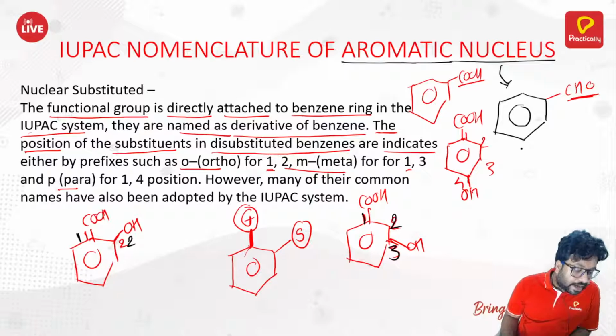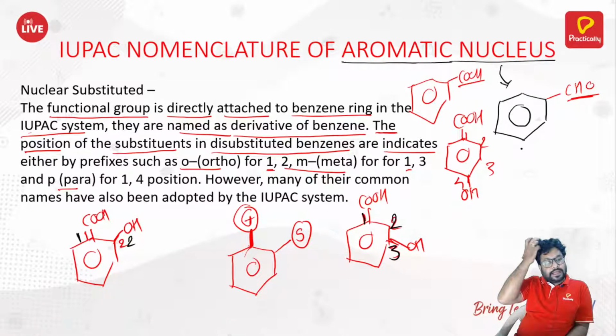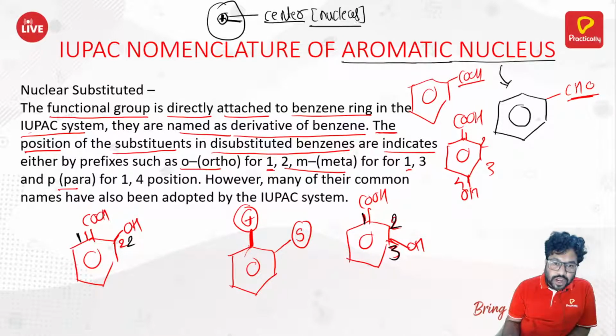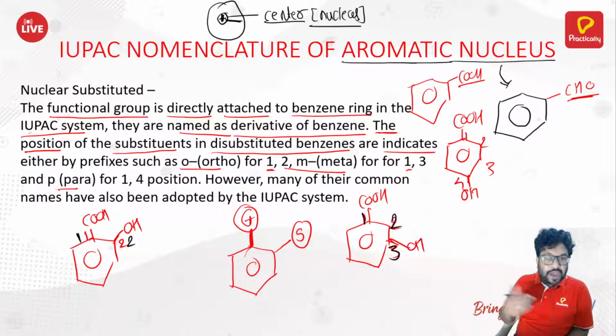And then nuclear. Okay, Kirti, what does nuclear mean? See, if you talk about the nucleus, what is meant by nucleus? Something which is present at the center is called a nucleus. For example, you know that every animal or plant cell has a nucleus. So where do we have a nucleus?